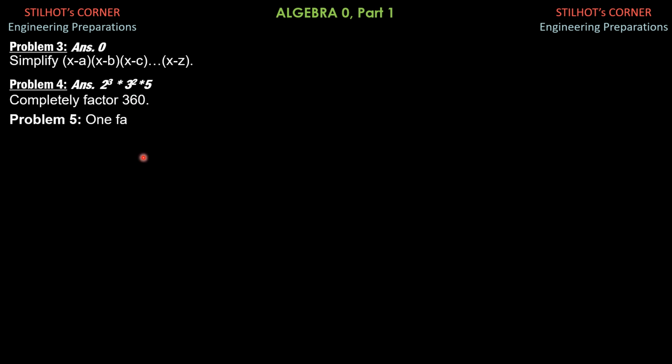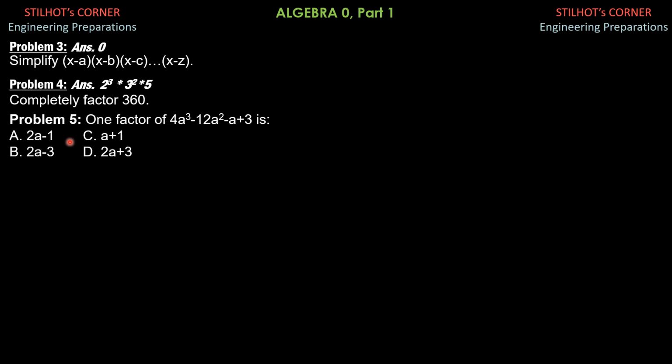Then for the next problem: one factor of 4a cubed minus 12a squared minus a plus 3 is which of the following? My suggestion is, if the factor is 2a minus 1, that means the root of a is 1/2.